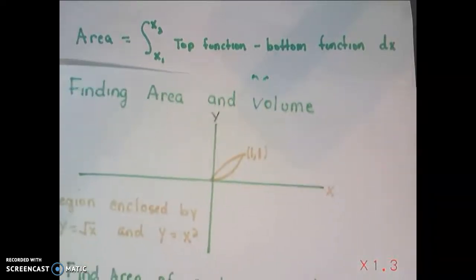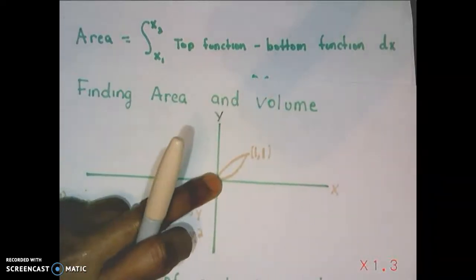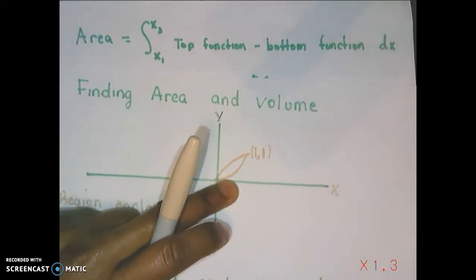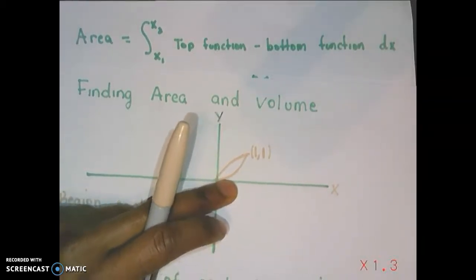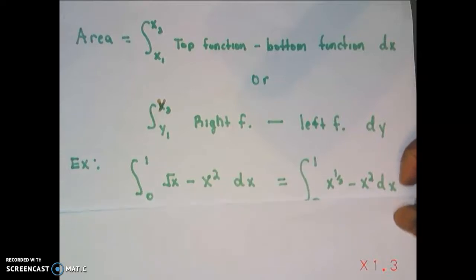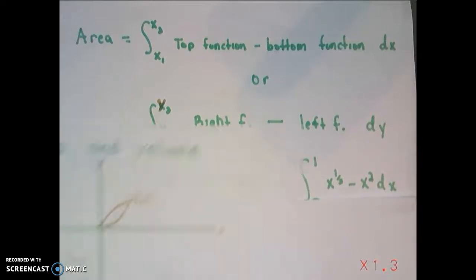We can see here that our top function is going to be the square root of x, and my bottom function is going to be x squared. So let's go ahead and look at that. I already found the points of intersection as well.